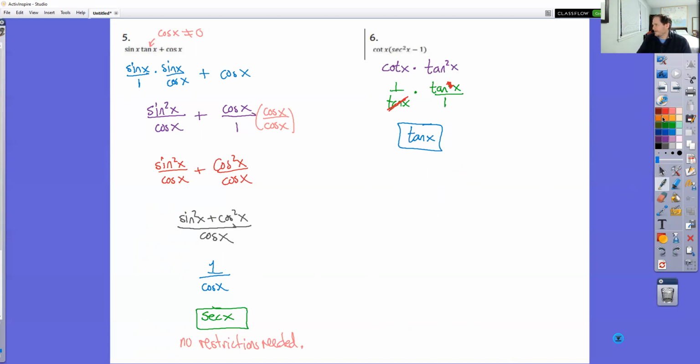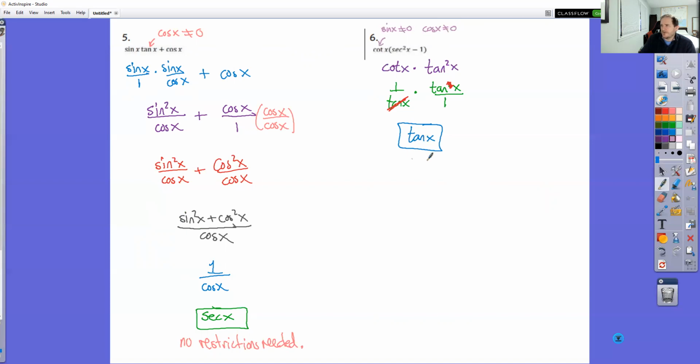Have we lost any restrictions from our domain? Let's see. Cotangent is cosine over sine, right? So cotangent will be undefined when sine is equal to 0. Secant is 1 over cosine. So that means our original expression is undefined under both of these conditions. But our new expression is only undefined under the condition where cosine is 0.